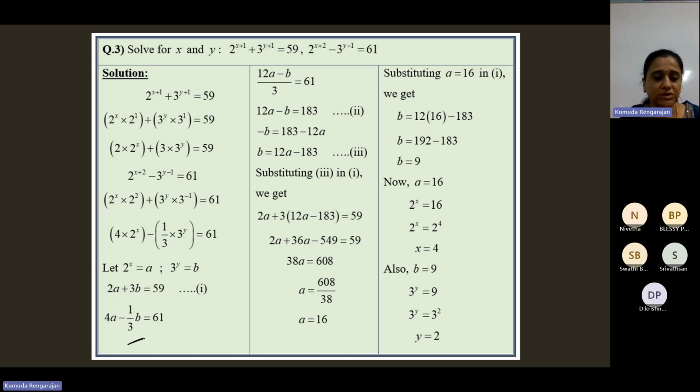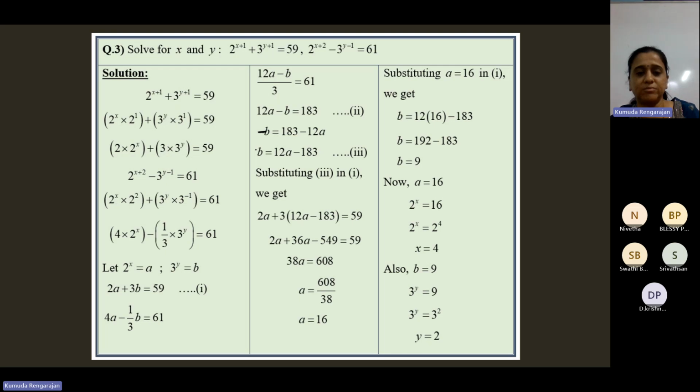For this equation, take the common denominator, cross multiply, and this is what we get. You can write the first equation and the second equation one below the other and use the elimination method. I have used the substitution method. So minus b is equal to 183 minus 12a. If you want to write b, change the signs throughout.